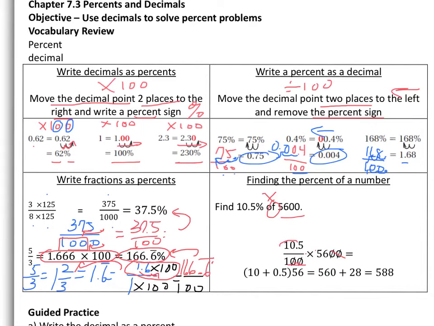And then all I have to do now is multiply 10.5 by 56. So I can split 10.5 up, 10 plus 0.5 to make things easier. 56 times 10, 560. 56 times 0.5 is 28. Okay, this is the distributive property. Okay, and then 560 plus 28 is 588.